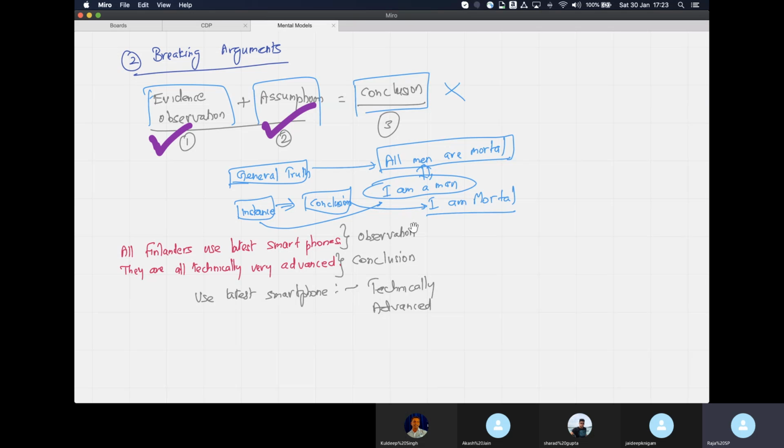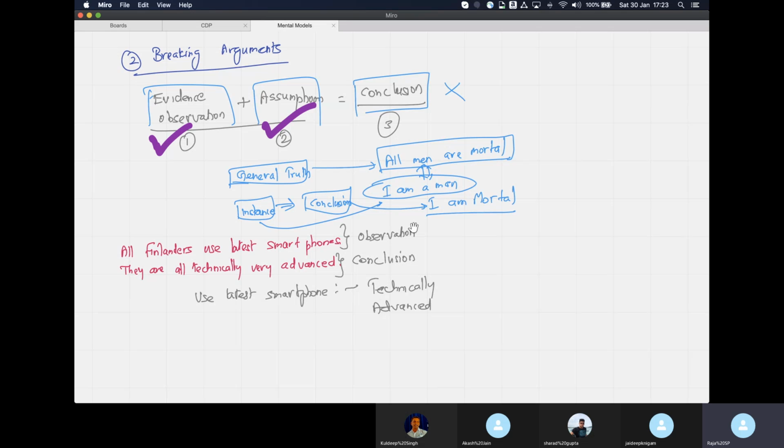If so, what is that? Now you can break that part of the argument. If it is proven that not all Finlanders use them, or when we say latest smartphone, how latest it is, or what is a smartphone, if you're able to break it, then the whole argument falls apart.